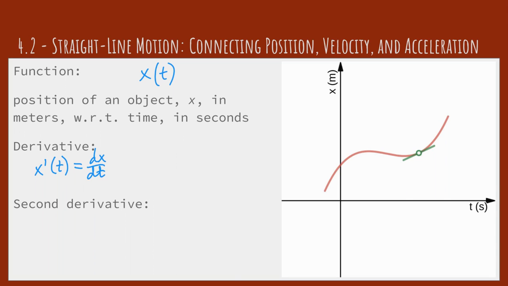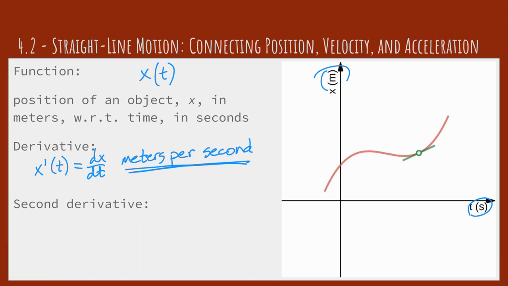So the units along the x-axis are meters, and the units along the time axis are seconds. So we get meters divided by seconds, or we can say meters per second. So when we take the derivative of the position of an object, we get units that are meters per second.